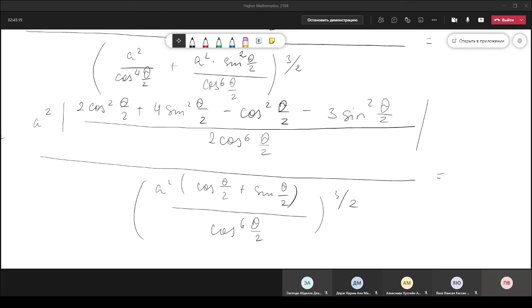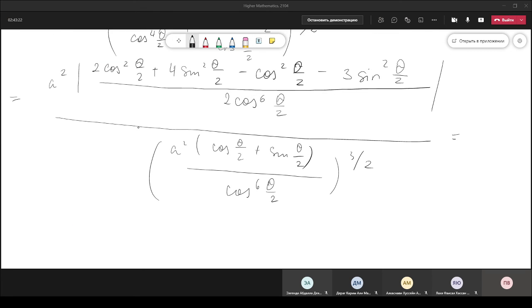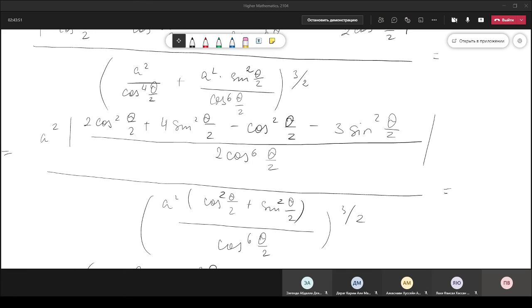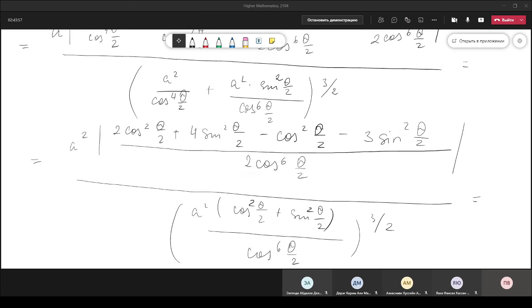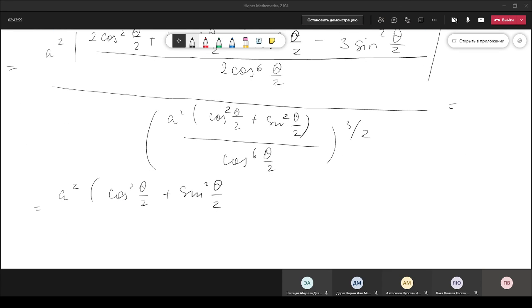Equals a squared, 2 cosine squared minus cosine squared is just cosine squared. 4 sine minus 3 sine plus sine squared. Yes, squared, over 2 cosine with power 6.